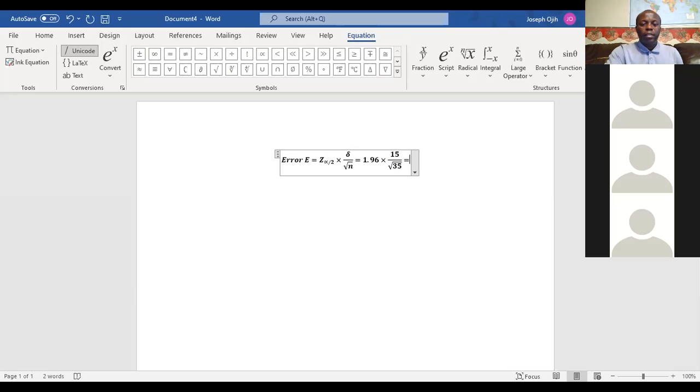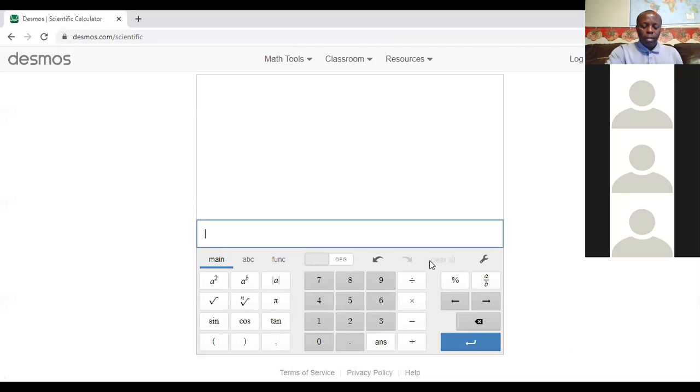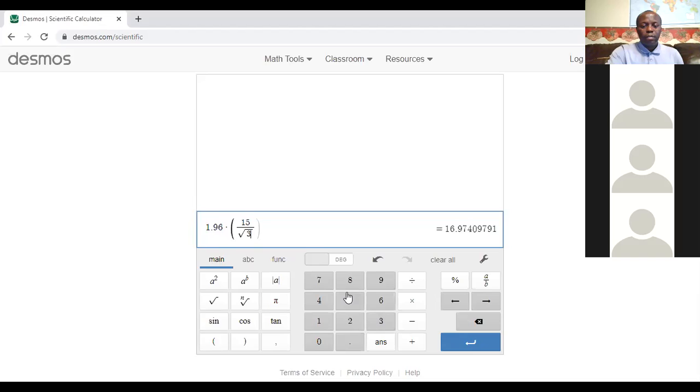So we have this from our calculator. Z alpha over 2 was just 1.96, times the standard deviation of 15, divided by the square root of n, which is 35. That gives us 4.97.